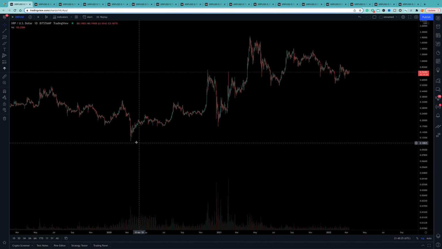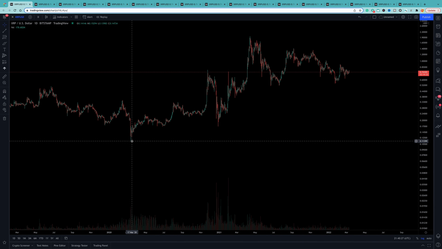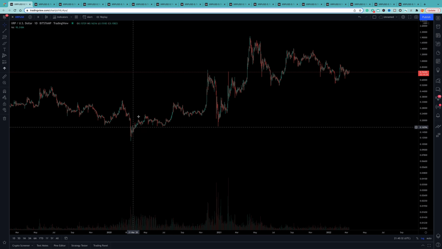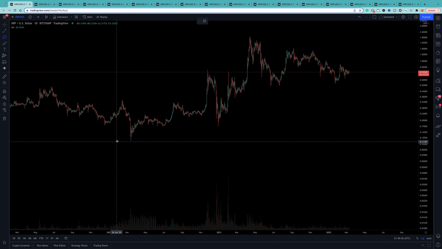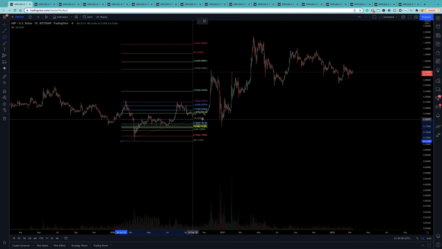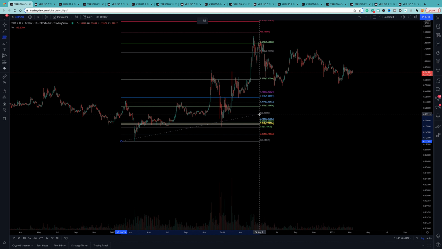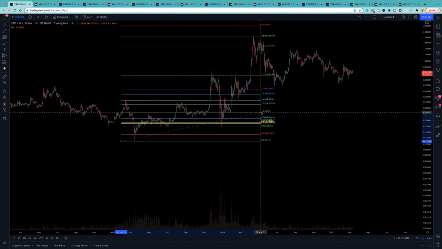So now the question I'm asking myself here is, here's the bottom, and if I put the fib as I have been from here to here, will it give us this target? So just simply from here to there, will it give me the target? It only gives me the target to here.